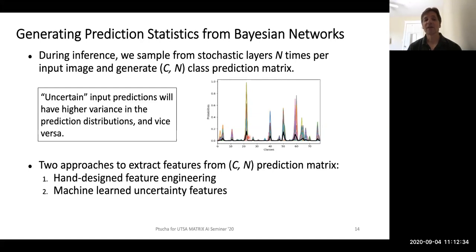And so the idea is that when you have some sort of uncertain input, when you look at that distribution, for example, over here, I think there's 80-some-odd classes. If it was very certain about a class, you would get one peak at that particular class and everybody else will be flatlined. In this particular case, it's not sure, is that class 5 or 11 or 22, or is it 39 or is it 49?